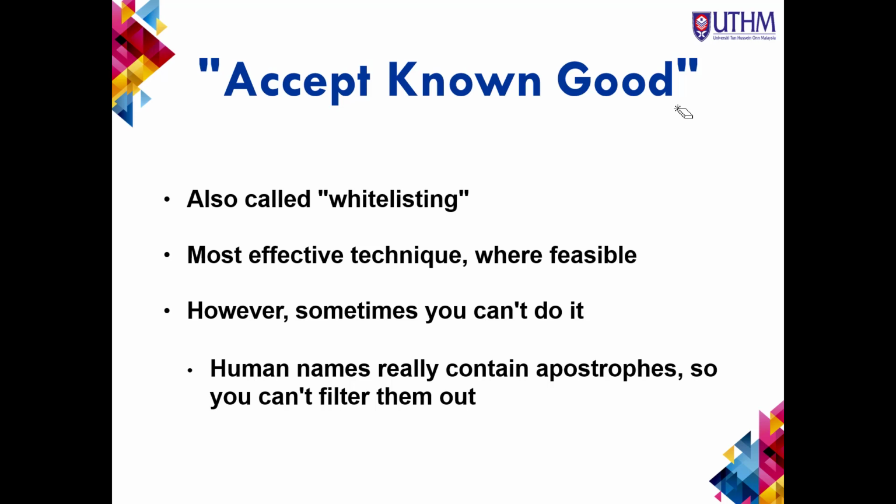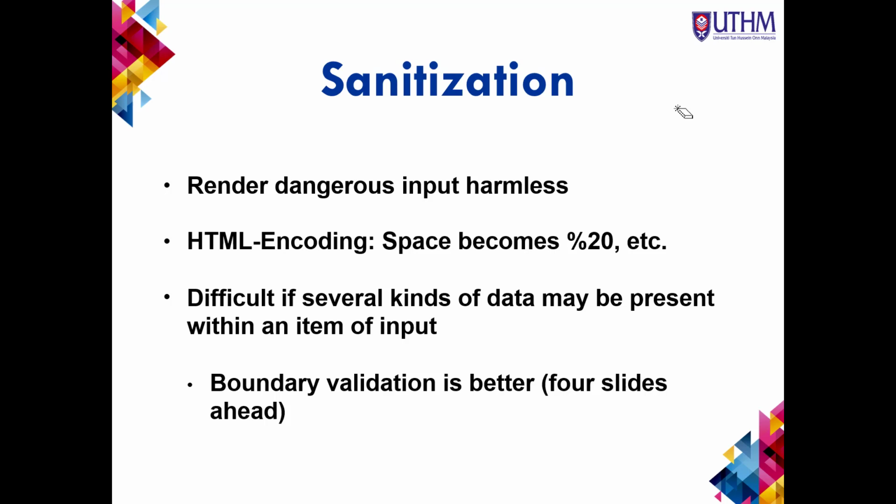Sanitization renders dangerous input harmless. It is difficult if several kinds of data may be present within an item of input. So how do we implement sanitization? This is different from blacklisting and whitelisting. We determine, for example, the percentage of the problem.